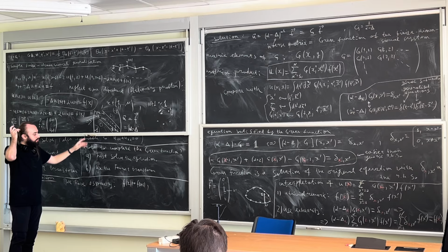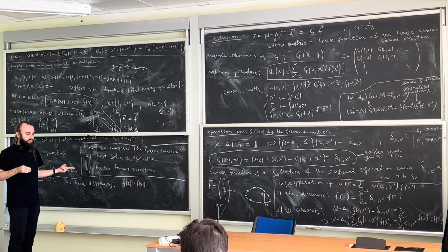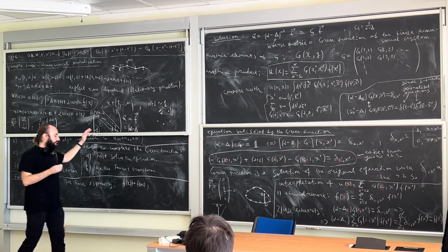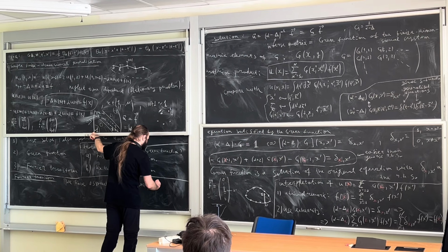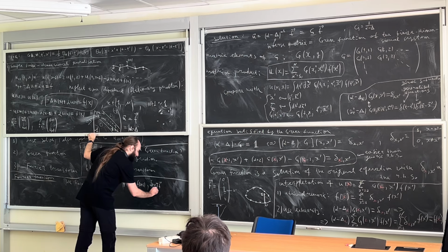Or in this matrix notation, this can be written as vector f goes to vector Tf, where T is a shift operator.